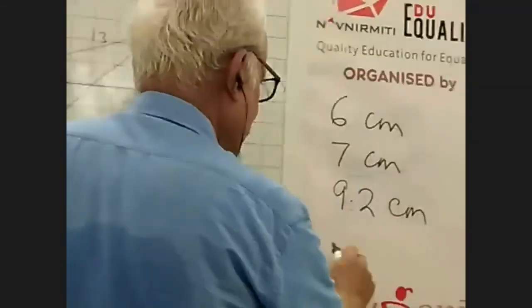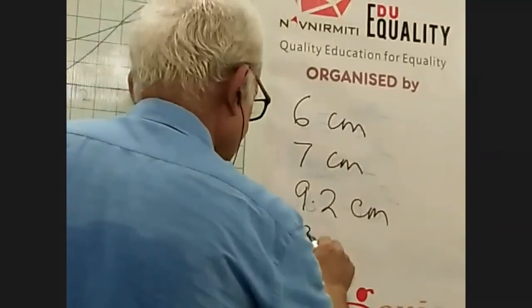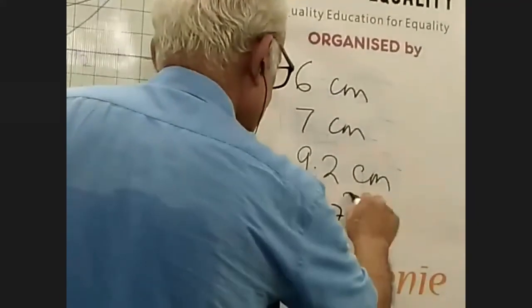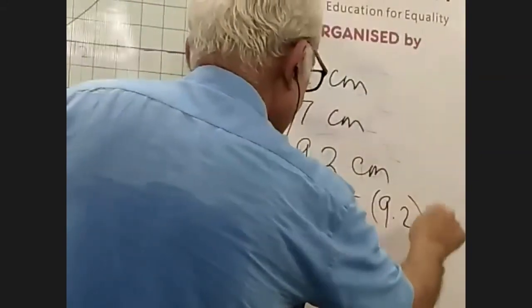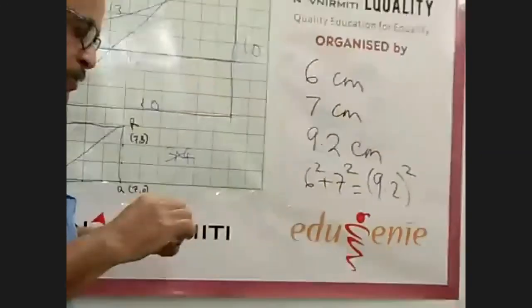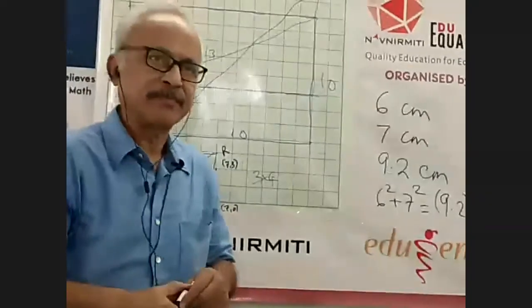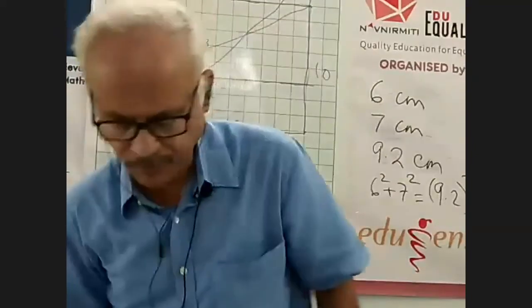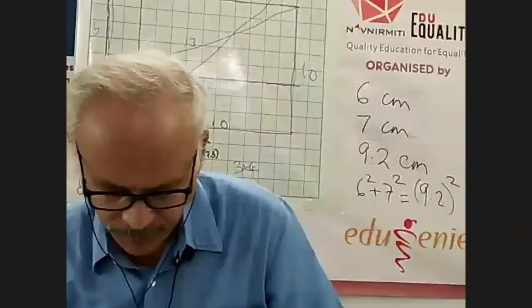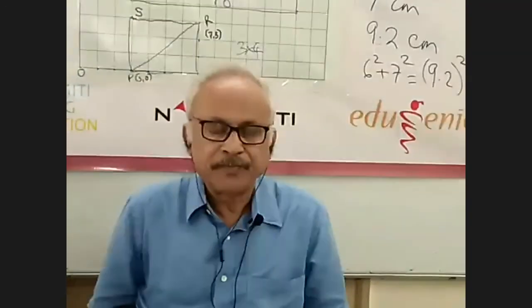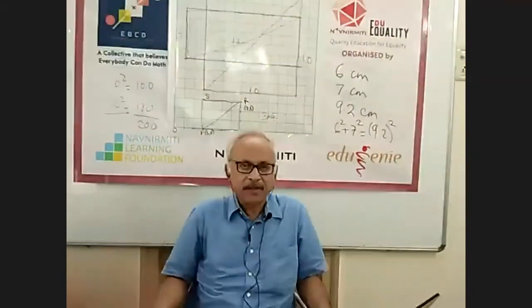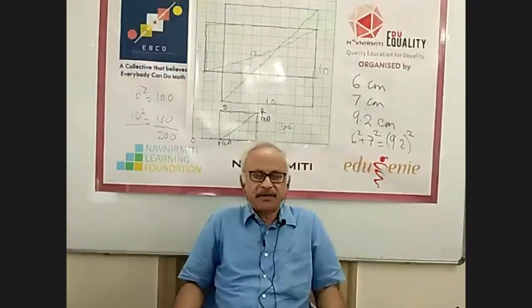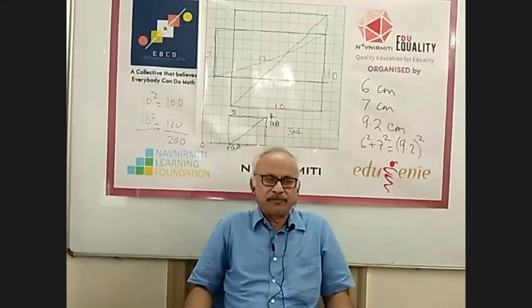Also verify whether 6 squared plus 7 squared is equal to 9.2 squared. Check that. Got it? The next homework problem.